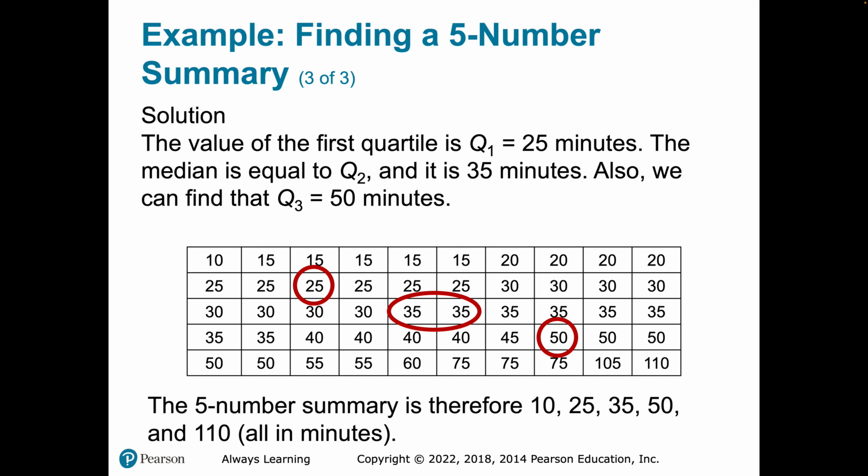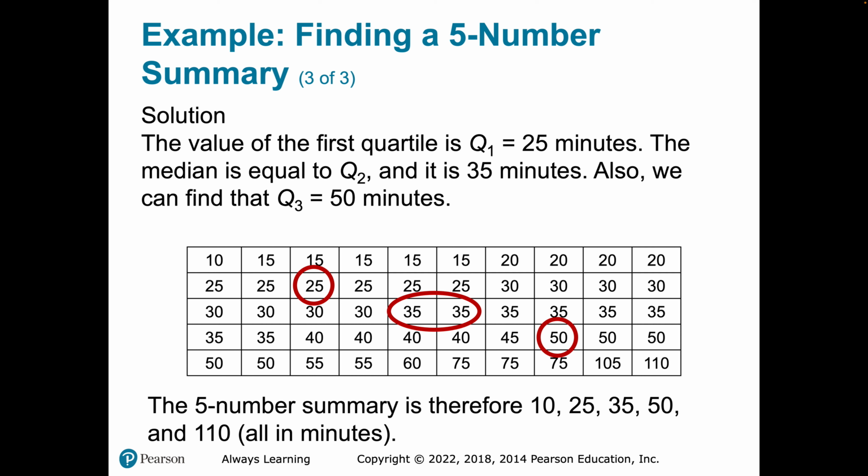Next thing I'd want to do is find the median, Q2, and I just come to the center. I have a data set with an even number of values, so I'd have to take the average of the 2 center values. It's pretty easy in this case because it's just 35. The next thing I do, let's focus on how that 25 was calculated.